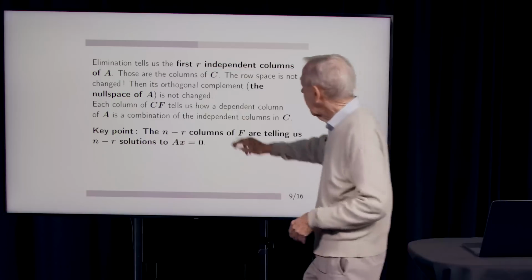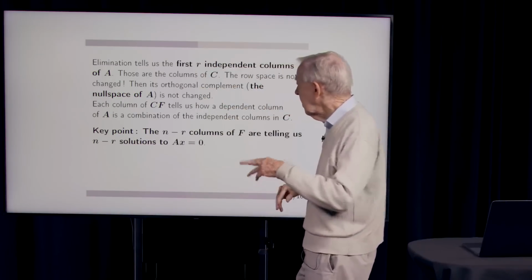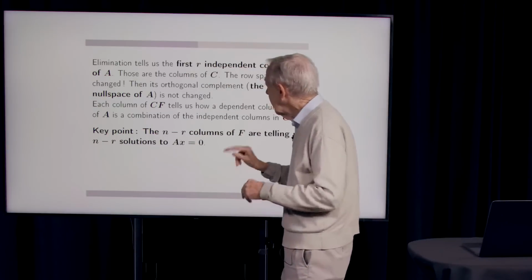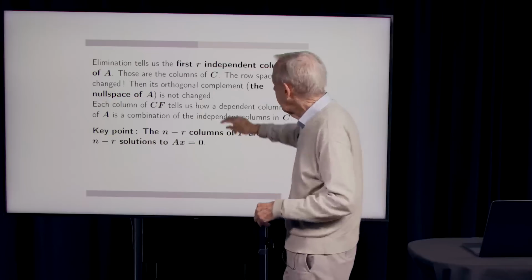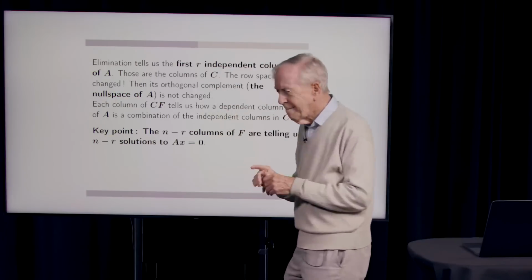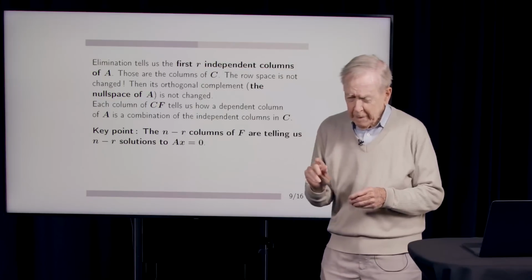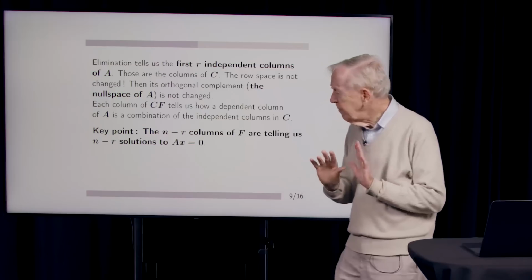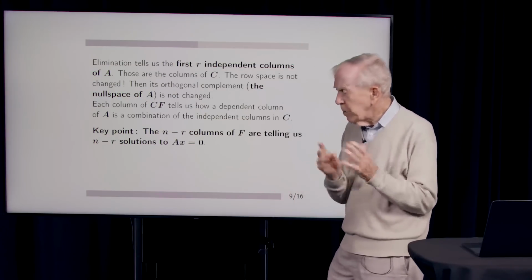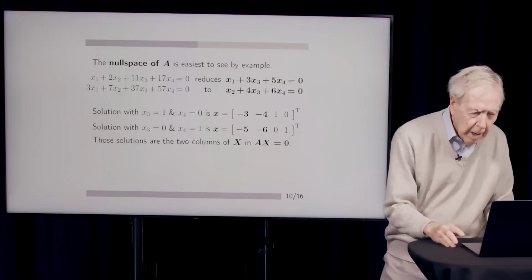We have little r, the rank, the dimension of the row space; the dimension of the column space is little r, and we can see the basis for it in C. And then we also have that matrix F. So elimination finished by giving us a picture of the original matrix, much simplified, lots of zeros.